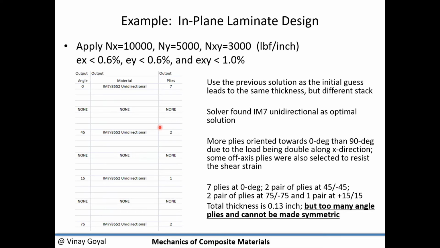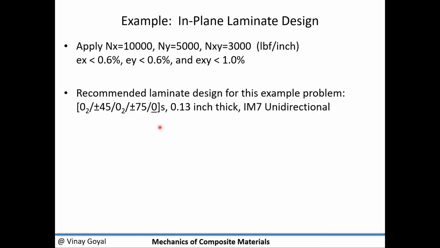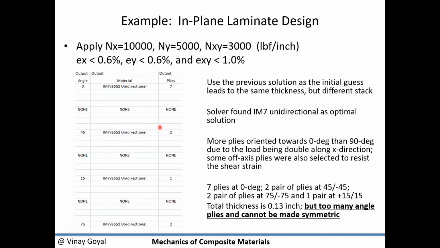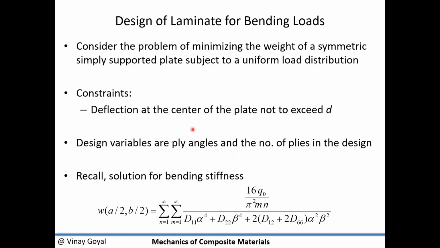And then you can keep running this solver, and you get 7 plies at 0 degrees, 2 pairs of plies at this, 2 pairs of plies at this, 1 pair of plies at this, and the total thickness is 0.13. But this has too many angle plies, and it's hard to make symmetric.